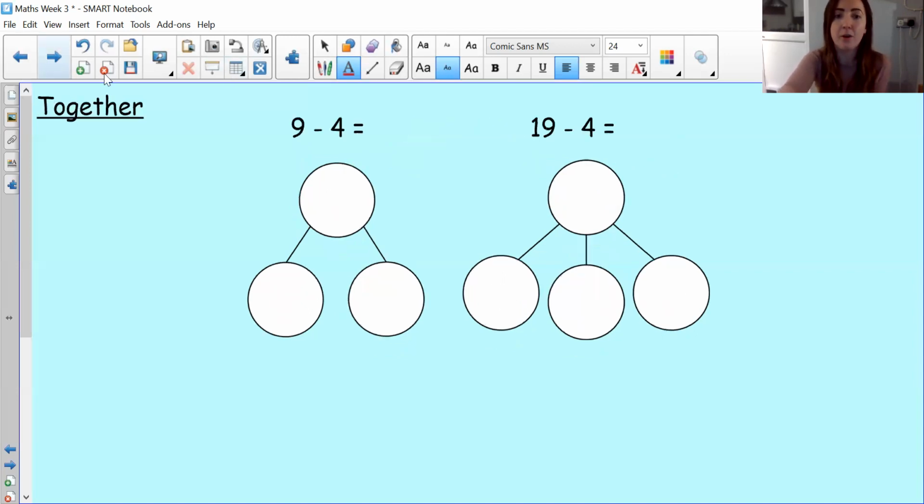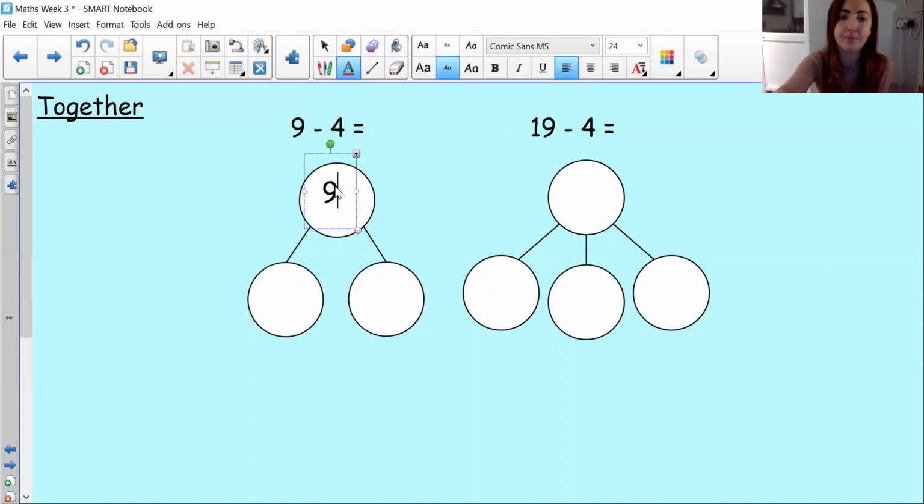So let's try another one. This time, to begin with, we're working out 9 take away 4. Can you pause here to work out 9 take away 4 and have a go at drawing it as a part whole model as well? Okay, so as we know with subtraction, we always start with the whole number. So 9 must be the whole number.